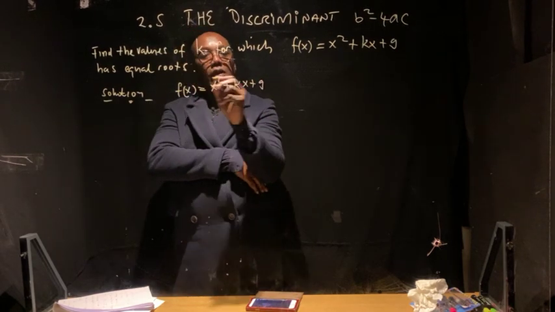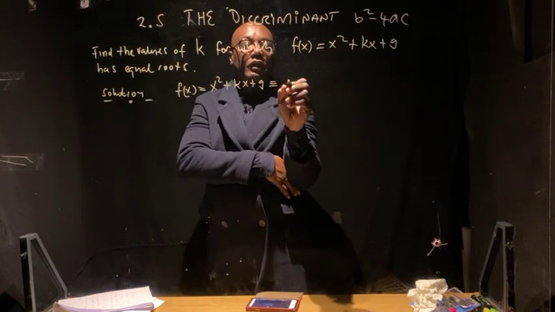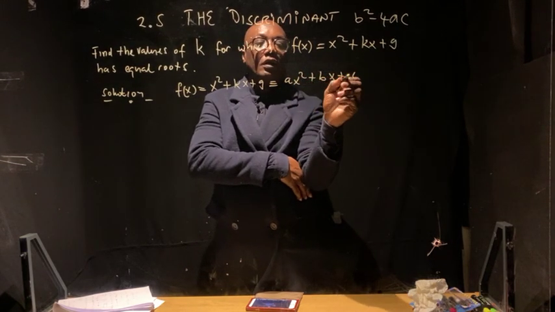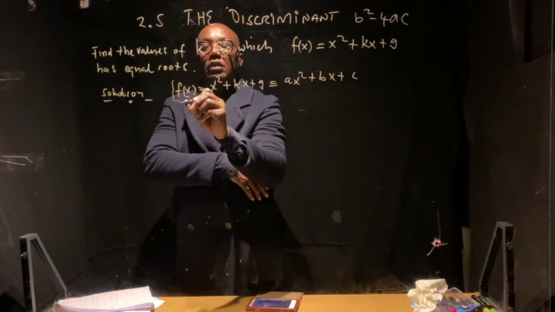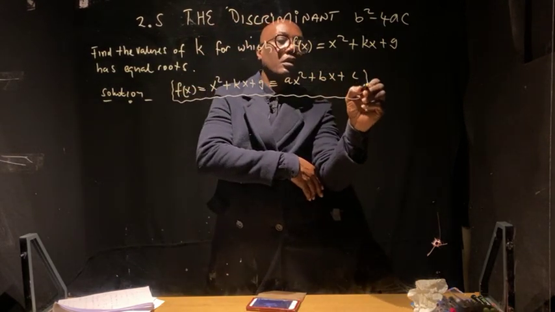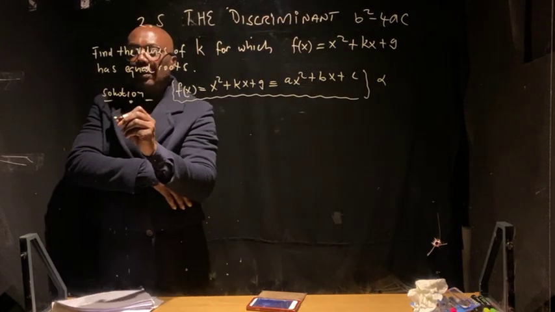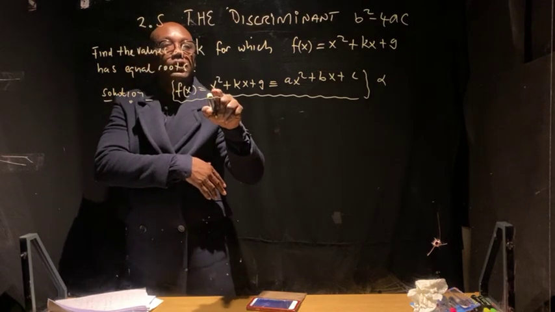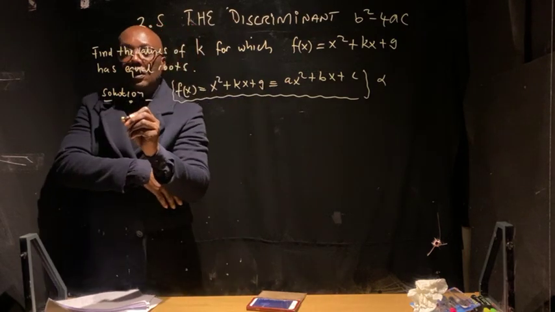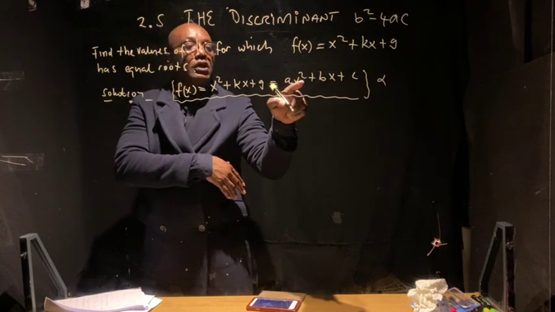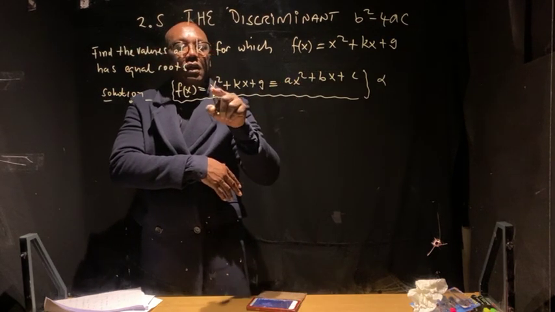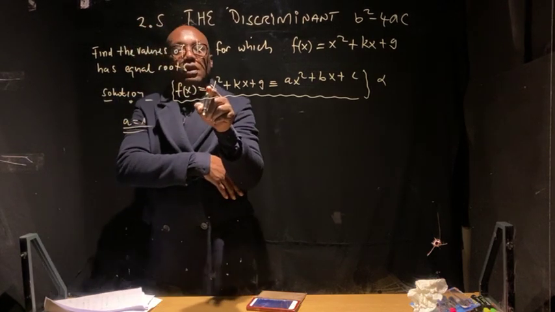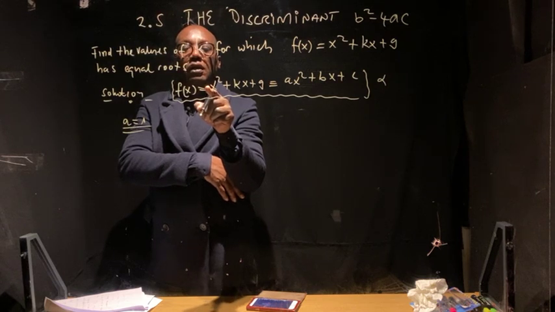The first thing that we have to do is to write the general quadratic equation of the form ax squared plus bx plus c. Let's call this one equation alpha. Comparing coefficients and constant, the coefficient of x squared, a is equal to 1, because here there's 1 in front of the x squared, but we don't write it.